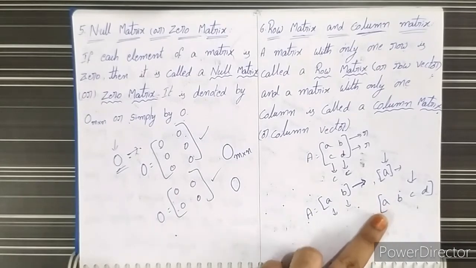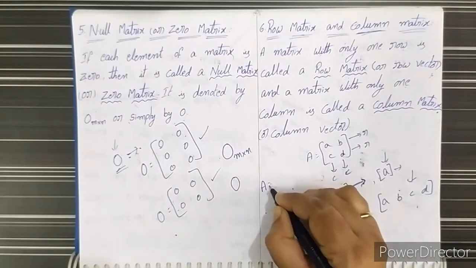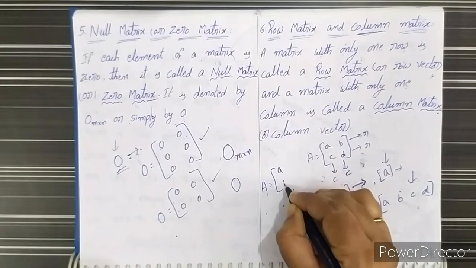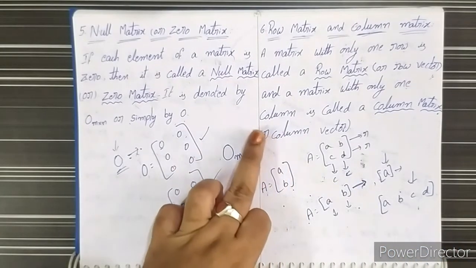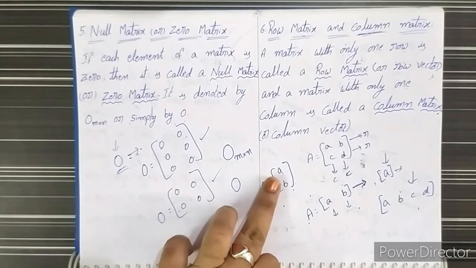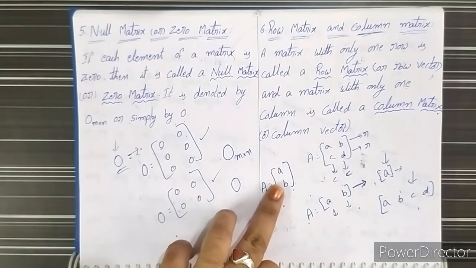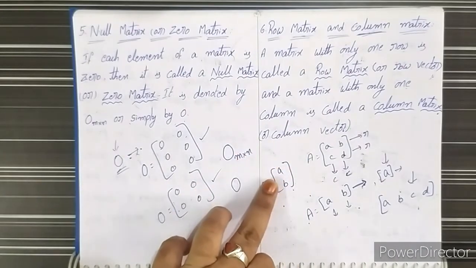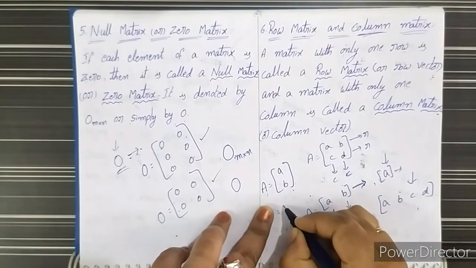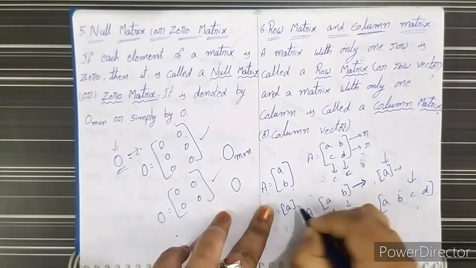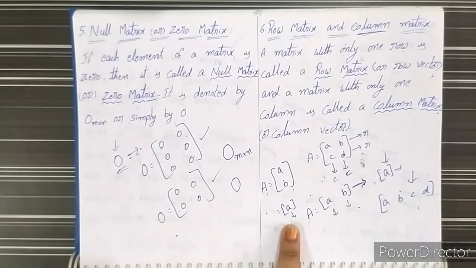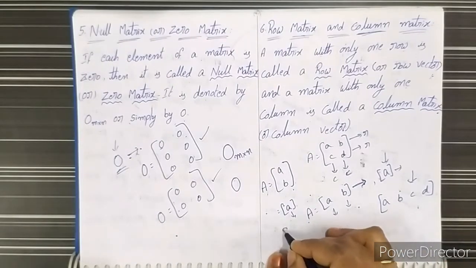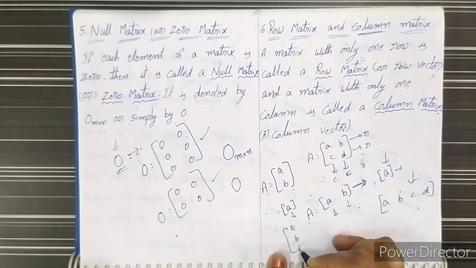In the same way, a matrix that has only one column, that is [a b], one column, is called a column matrix. A matrix has only one column but so many rows, and this is also a column matrix because this is a single column, and [a b c].